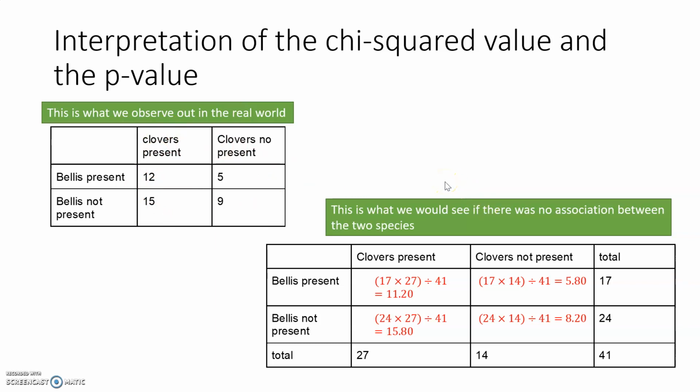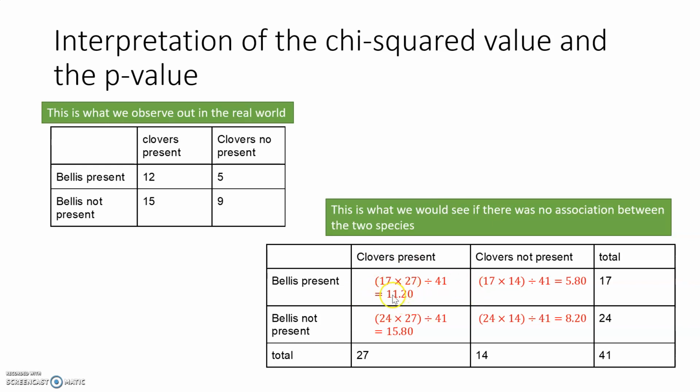Then what you do when you calculate your expected values is to say, what would it look like if there were no association between these two species? If they didn't try to avoid each other, if they didn't seem to grow in the same area, if it was just random, what numbers would we then expect, right?